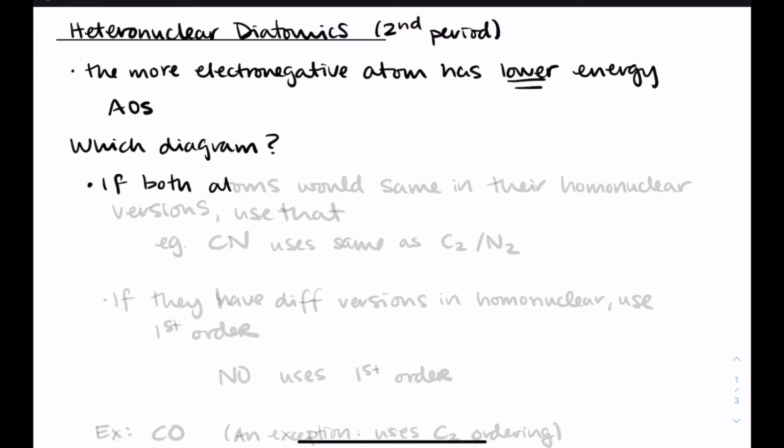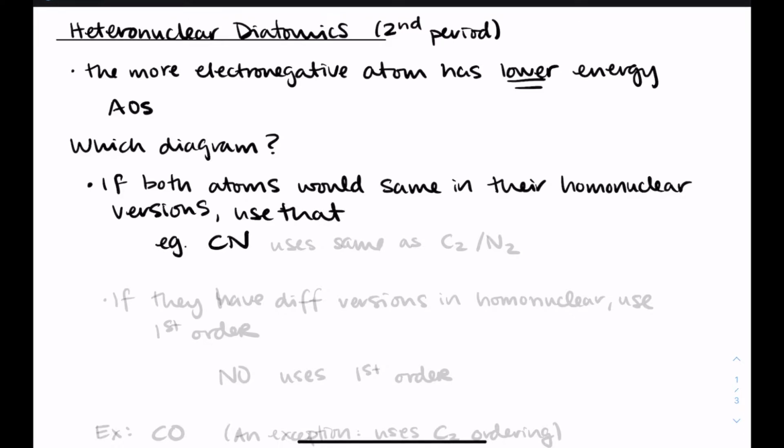So which one do you use? If both atoms would use the same in their homonuclear versions, then use that. So cyanide, or any version of carbon and nitrogen bound together. Carbon and nitrogen are both in the first half and use second order correlation diagrams in their homonuclear diatomics.